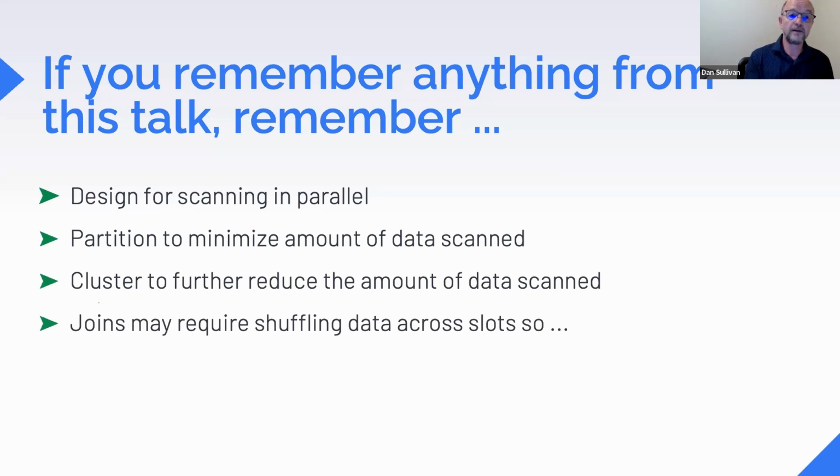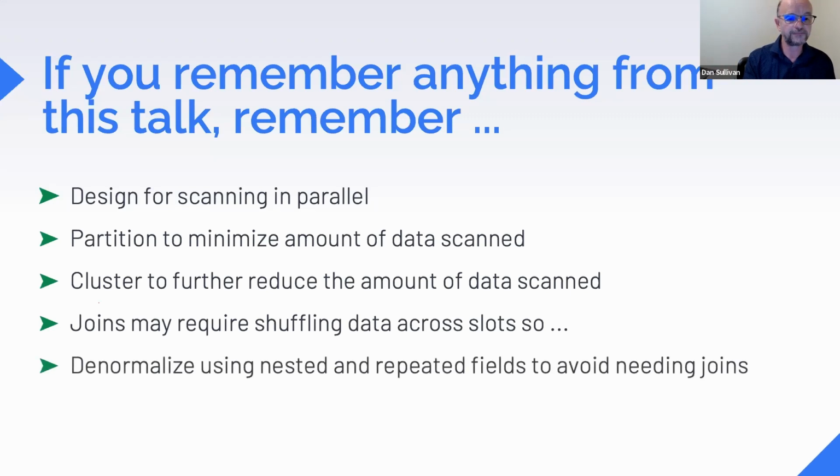But if you can avoid it, it's better to not shuffle the data. One of the things in the execution plan showed bytes that were spilled over to disk, so that couldn't be stored in memory, and bytes that were shuffled across slots. So you don't want to move a lot of data across slots if you can avoid it. Now, joins can drive that kind of behavior.